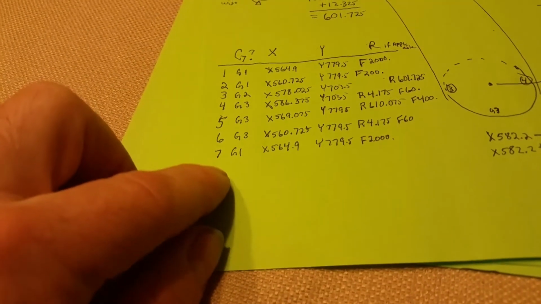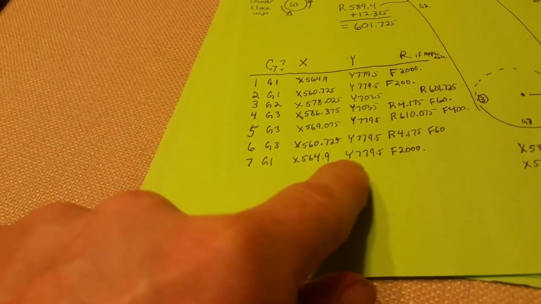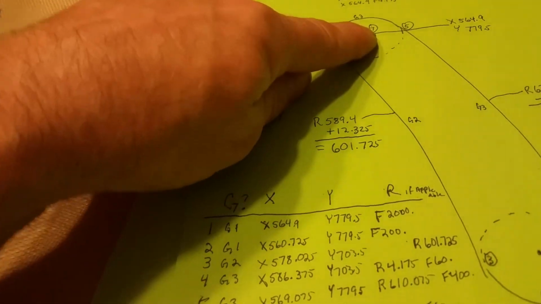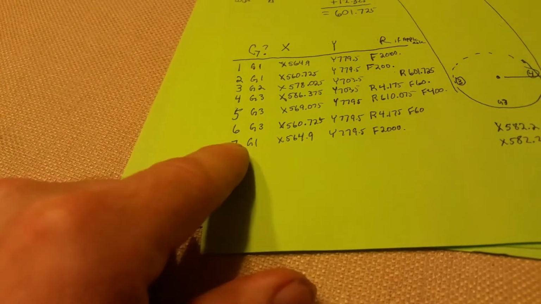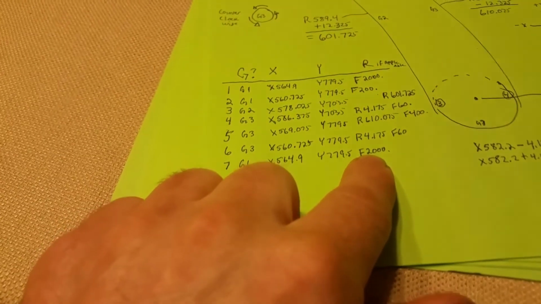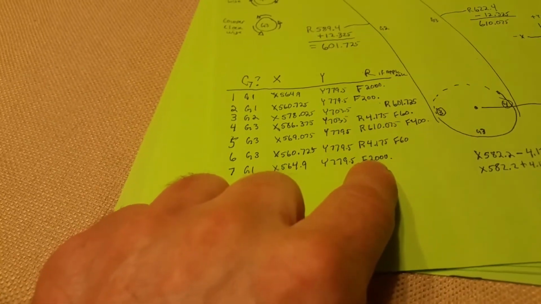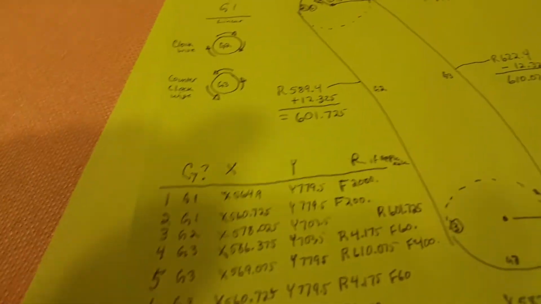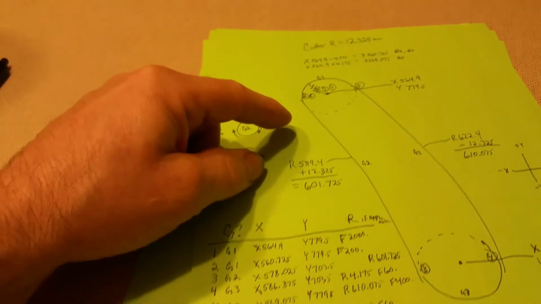And then now we're coming out of the cut, G1, right over into the last one, 7, which is the same as number 1, 564.9. It's the same move there. Coming out of the cut, we don't need to come out slow, so 2,000. And now you either go down to your next cut depth or come out of the slot.